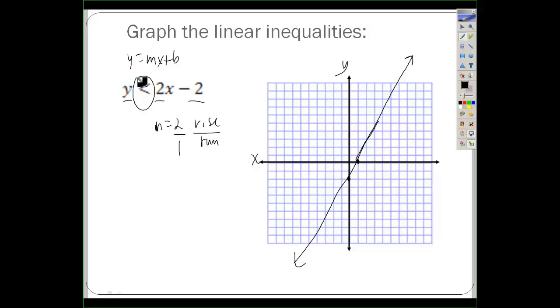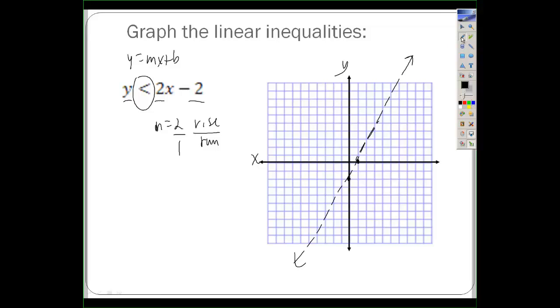So kind of like on a number line when you use open dots, on a graph you're going to use a dotted line. So let's just make a little dotted line here. Okay, now my line is dashed.